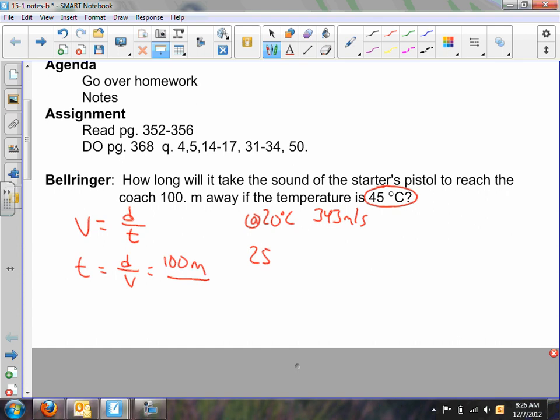So there's a difference of 25 Celsius degrees, and the speed we know changes 0.6 meters per second per Celsius degree. So if you take 0.6 times 25, you end up with 15 meters per second. So the speed of sound is actually 15 meters per second greater than at 20 degrees.